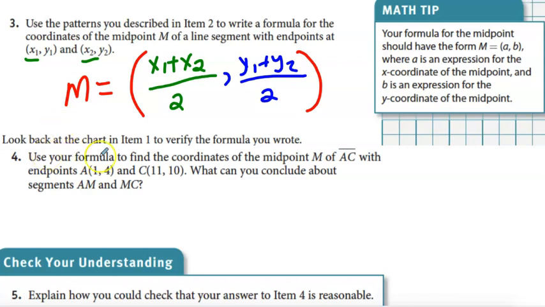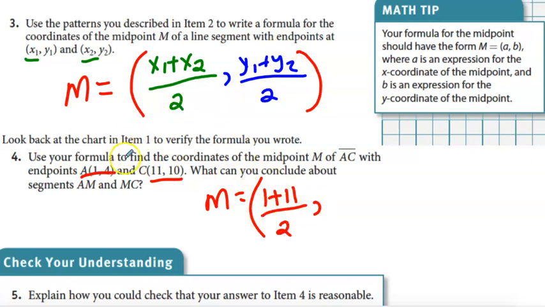All right, so look back at the chart in item 1 to verify the formula that we wrote. So we're going to use the formula with the endpoints of 1, 4, and 11, 10. So my midpoint is going to equal, my x1 is my first x, so 1, plus, always a plus, my second x, which is 11, divided by 2.